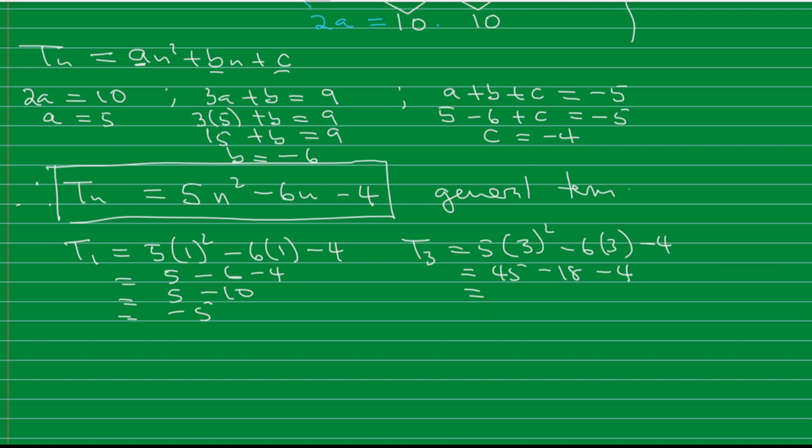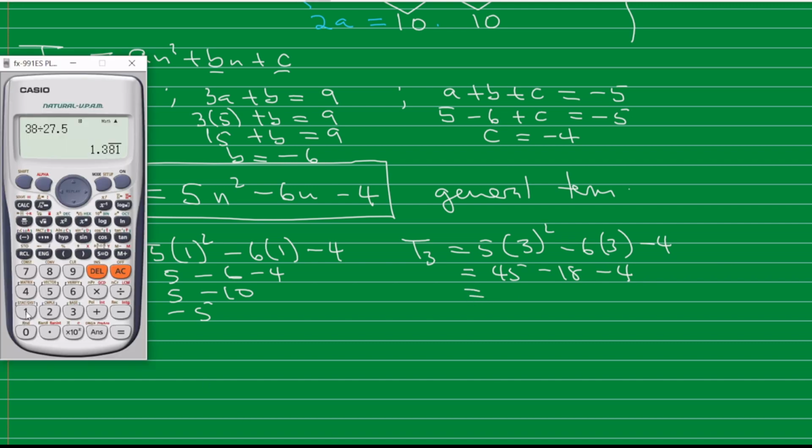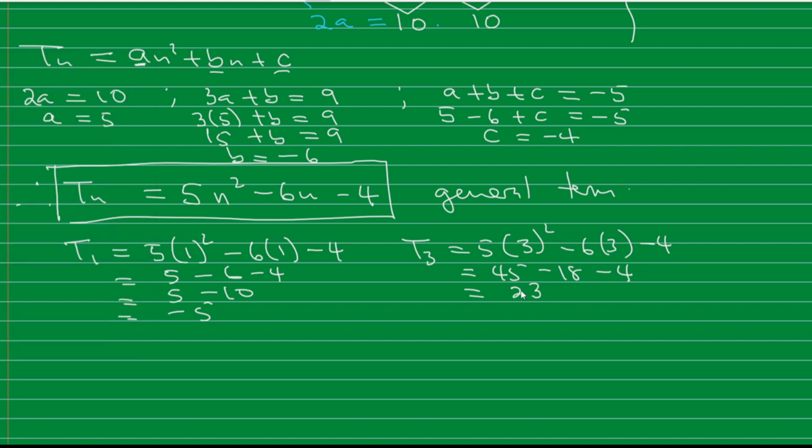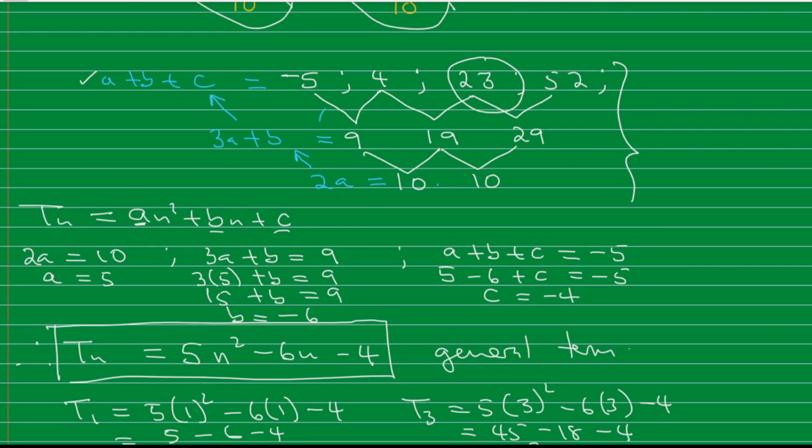Okay, let's simplify that one. That is 45 subtract 18, subtract 4. See what we can get. We'll get 23. Okay, we want T5 or T6, anything. So T4, and so on.